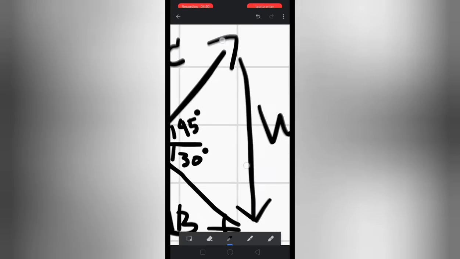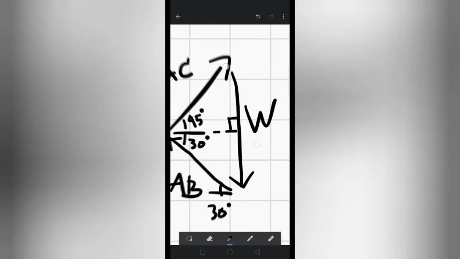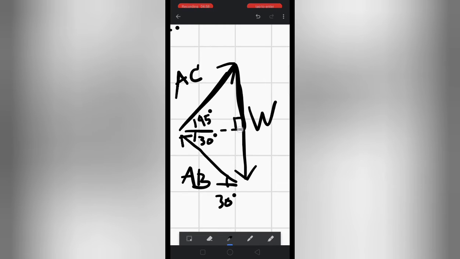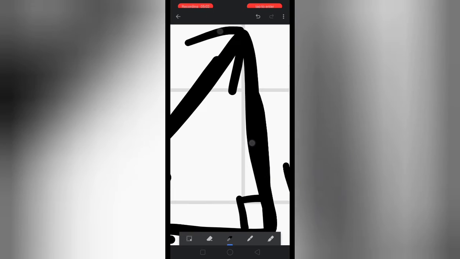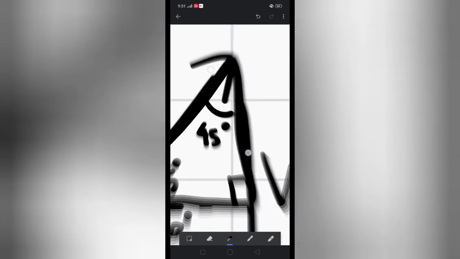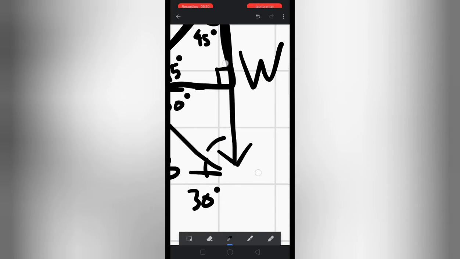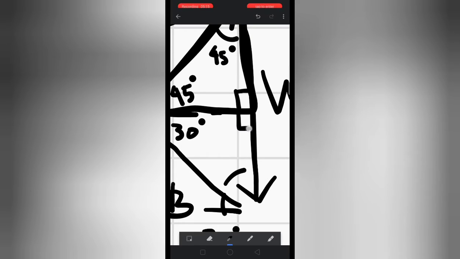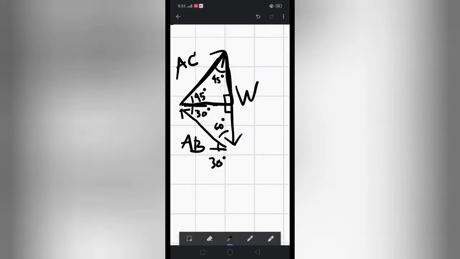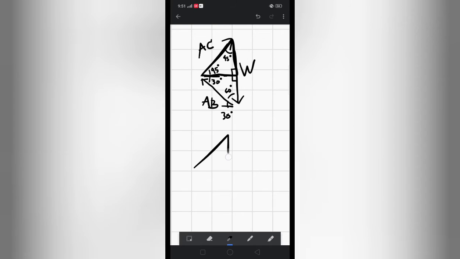And then if we make an imaginary line here and make it perpendicular to this one, we will have a triangle enclosed by 45, 90, and 45 degree angles. And for the other one below, this triangle is 30, 90, and 60 degrees. So our polygon will now look like this.